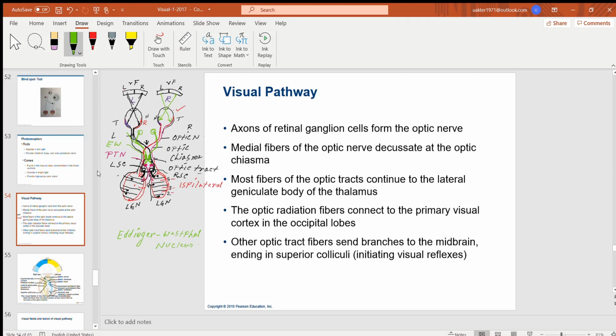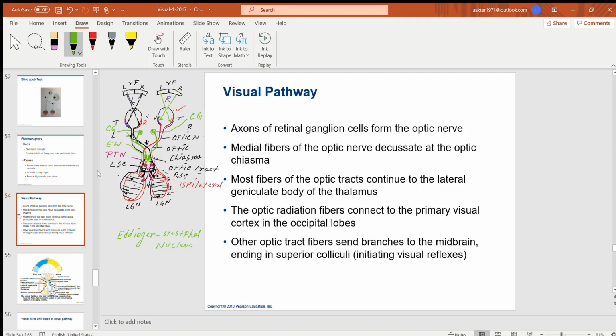So here a synapse or relay takes place in the ganglion. You know, a ganglion is the round structure in the peripheral nervous system where the relay of signal takes place, right? So this is the right ciliary ganglion and this is the left ciliary ganglion.